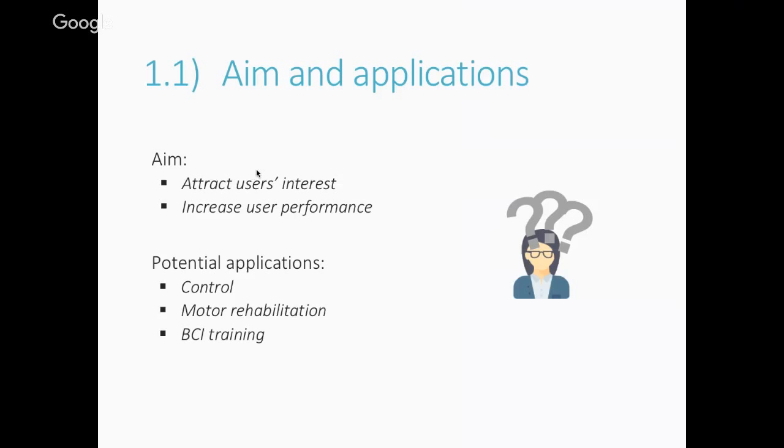And in such a way, the user will have further interest in using the BCI application. As potential applications, it can range from controlling different devices, or motor rehabilitation, or even BCI training, and many more. So the possibility is large here.